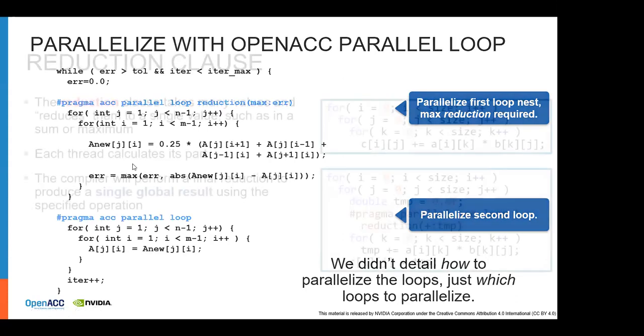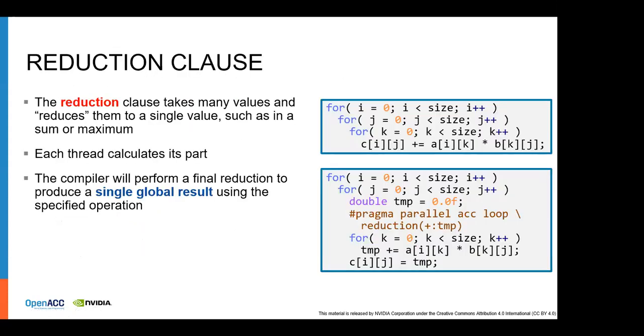Here, you could also change the way it is implemented. In this case, we have a matrix multiply, and we are running this parallel loop only on the innermost loop, parallelizing on the k indices. You see that i and j are not changing, and so we are creating a temporary, and so we also need to create a reduction.